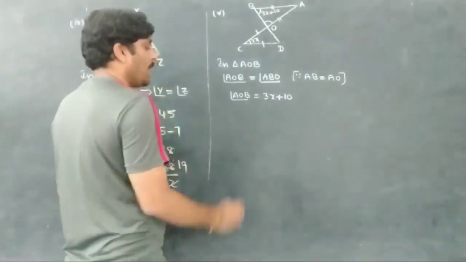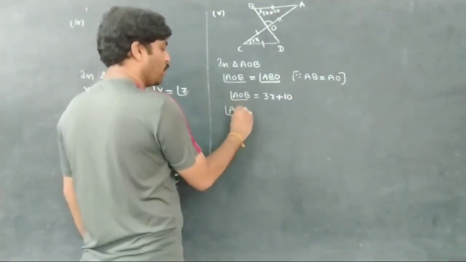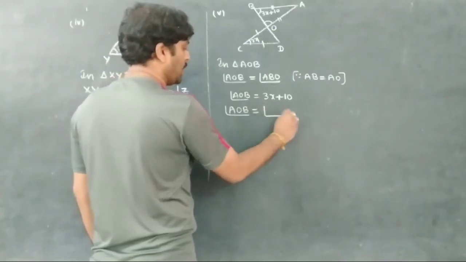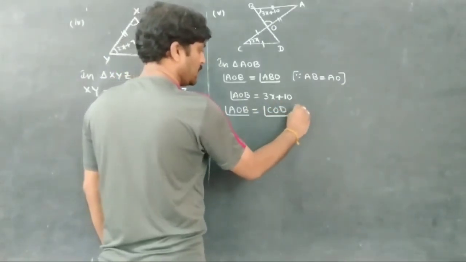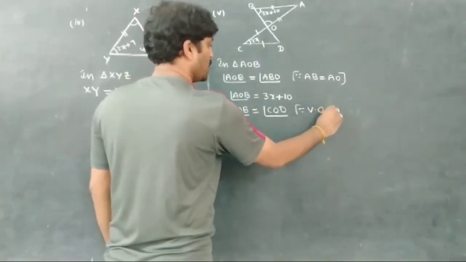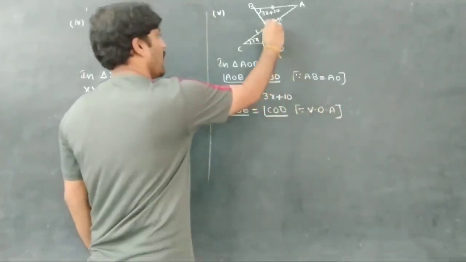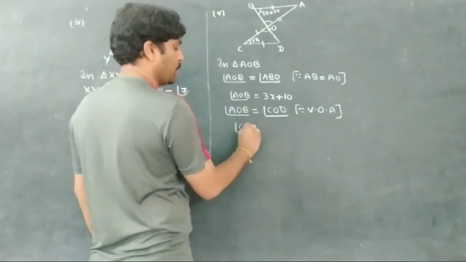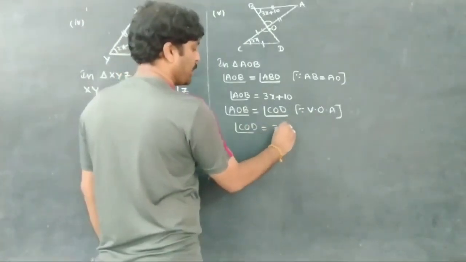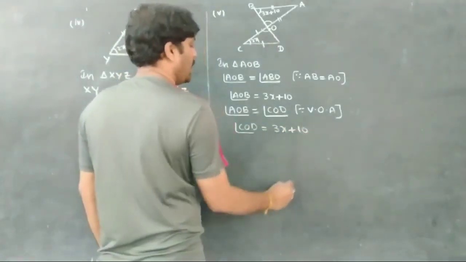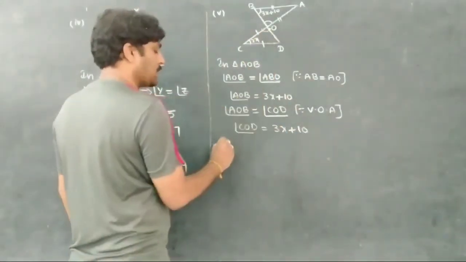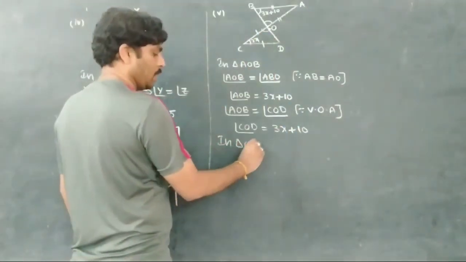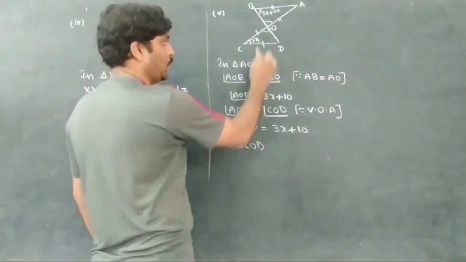Now observe, angle AOB is equal to angle COD, since vertically opposite angles are equal. Therefore angle COD is also 3x plus 10. Anyway, now in triangle COD, two sides are equal.